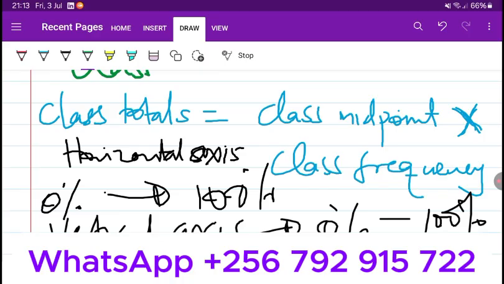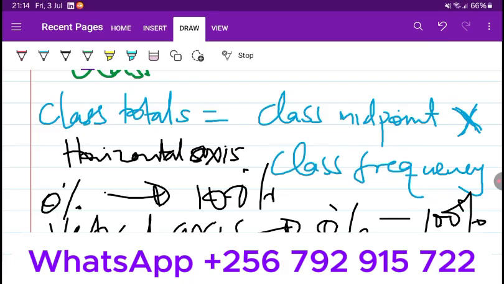So what would be the purpose? The purpose of this curve is to demonstrate the relative proportions of values represented along the horizontal axis versus the values represented along the vertical axis.